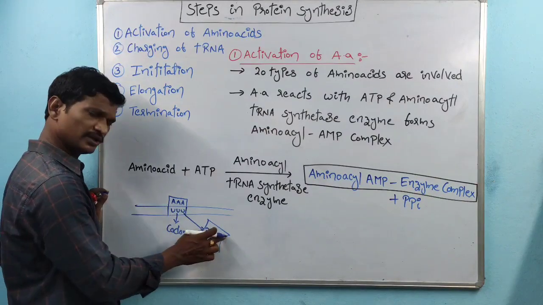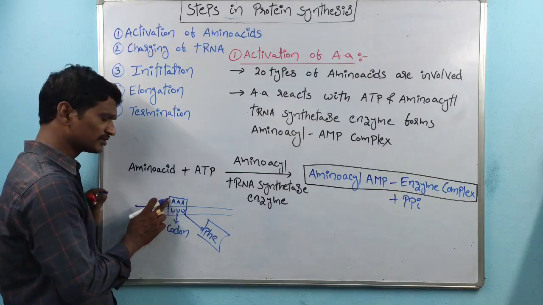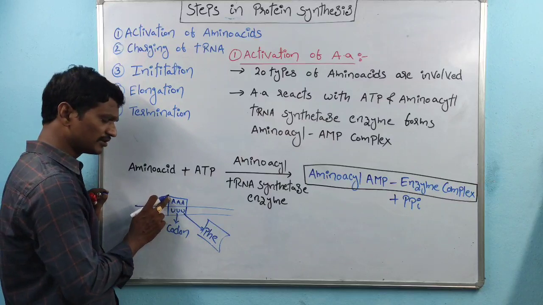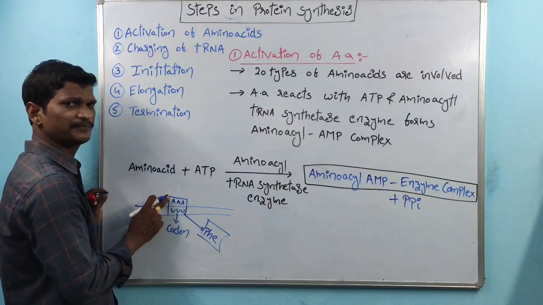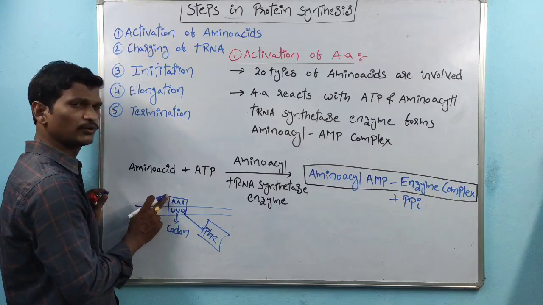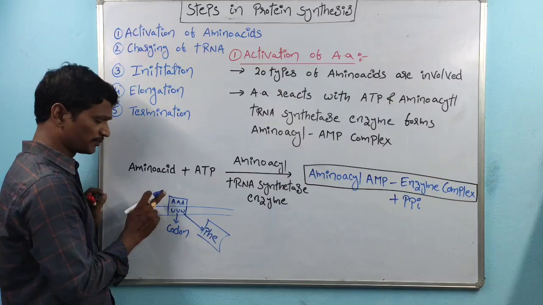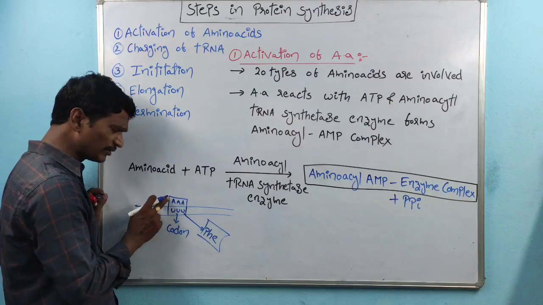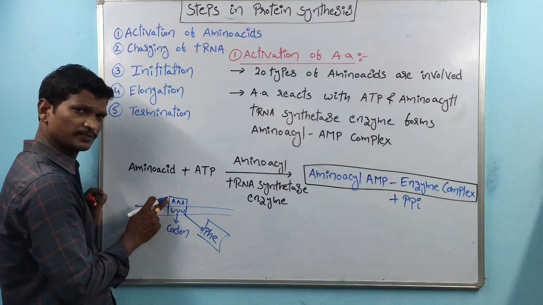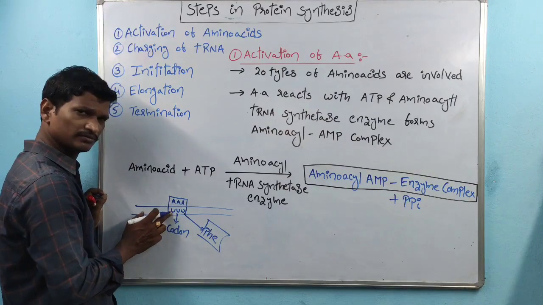So codons code for amino acids. Codons are recognized by anticodons. Anticodons are present within tRNA, and a specific anticodon codes for a specific amino acid. That is nothing but the specific codon.